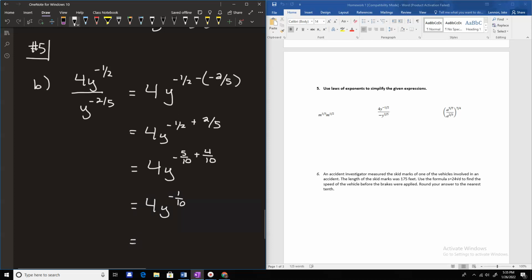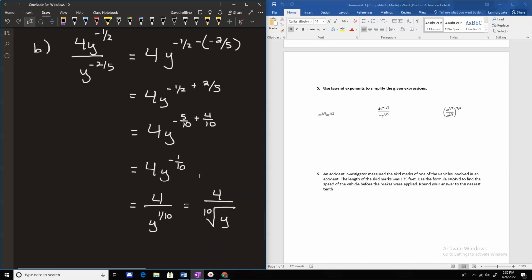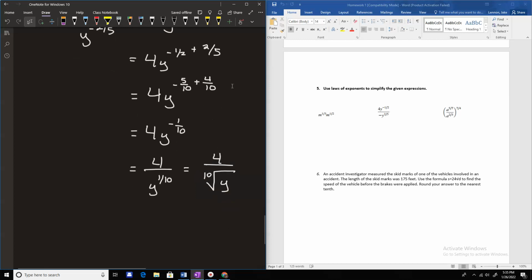And if they want positive exponents, the y would have to go to the bottom, so this would be y to the 1 over 10. It doesn't say anything about using radicals, but if we wanted to write it in radical notation, we could write it as 4 over the 10th root of y. So probably either of the last two expressions are satisfactory.